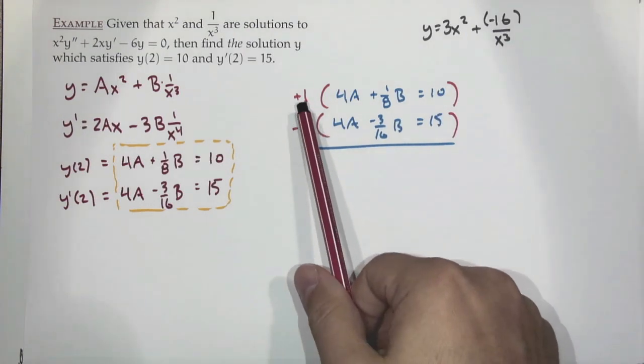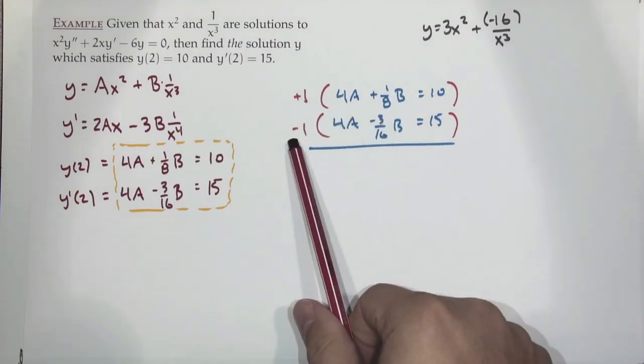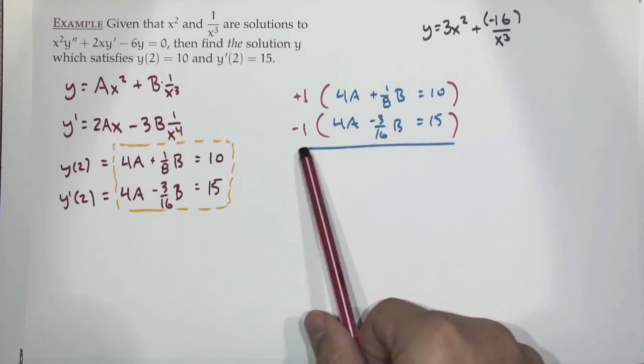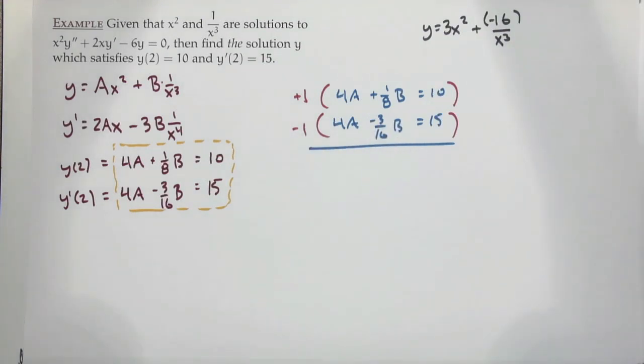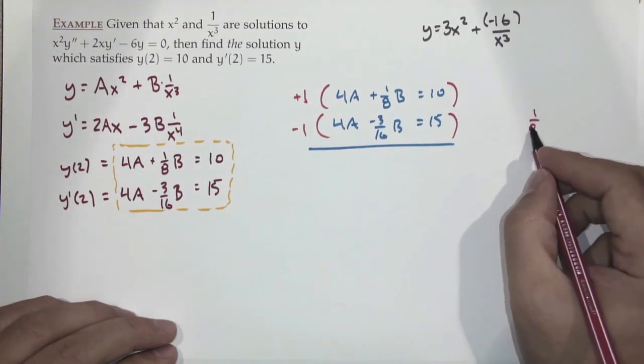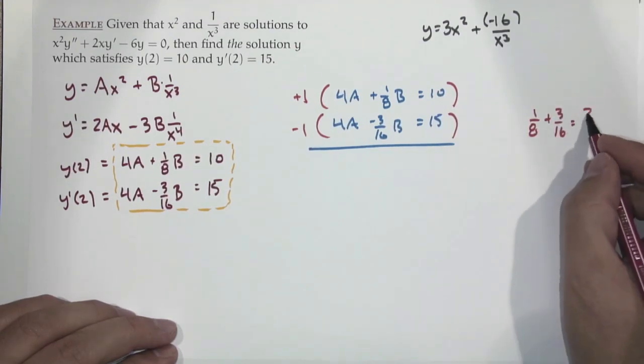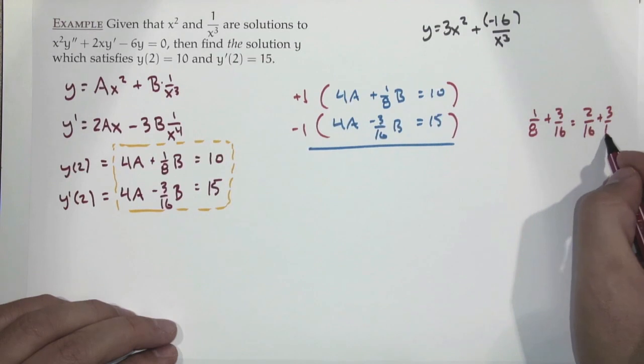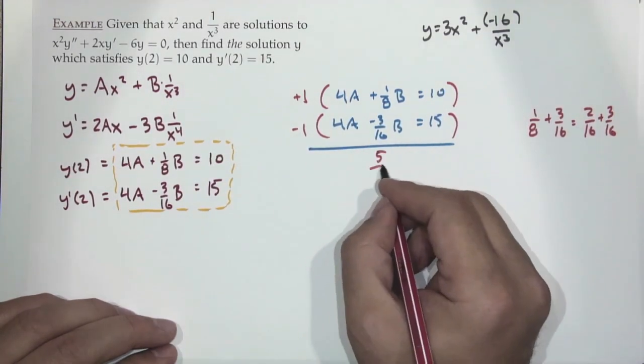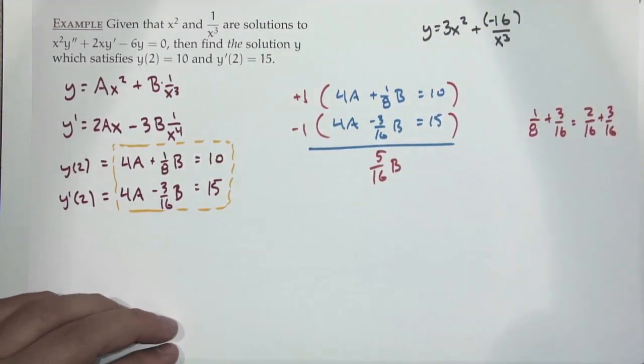We have 1 over 8. Then we're going to add, because minus minus makes add, 3 over 16. 1 over 8 plus 3 over 16, also known as? We do work on the side here, because we can't do math in our head. 1 over 8, common denominator would be 2 over 16, and 3 over 16. Yes, it is 5 over 16.